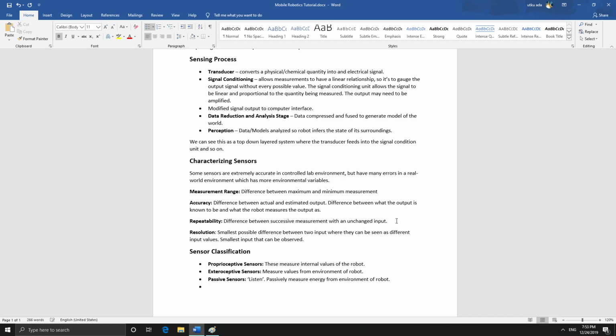And then we have active sensors, which emit energy and measure a reaction to that energy. These can result in better performance usually. But they can also affect the environment.